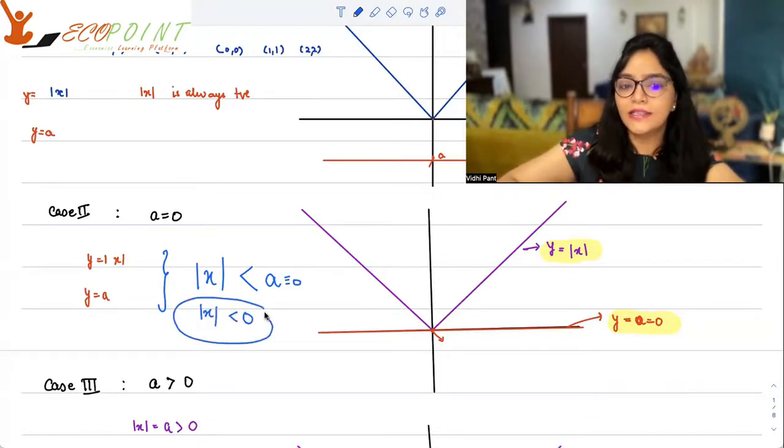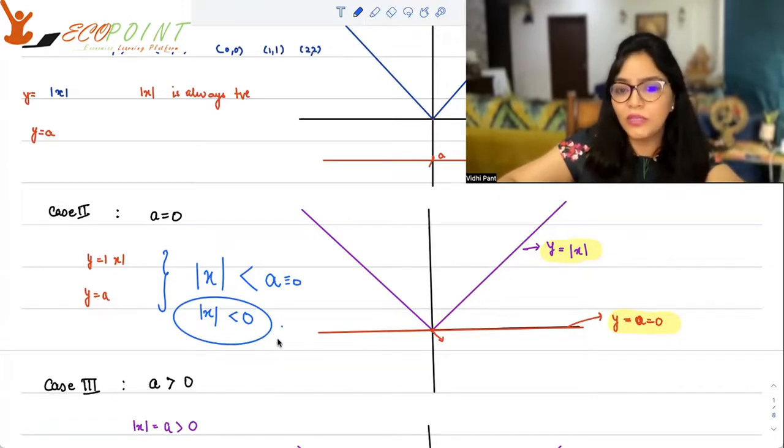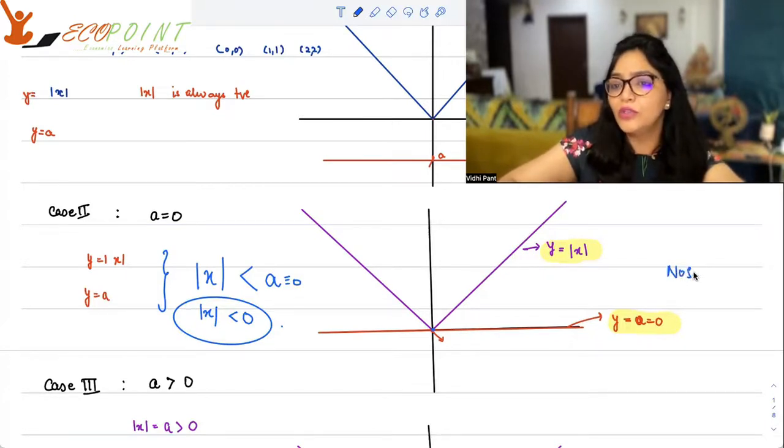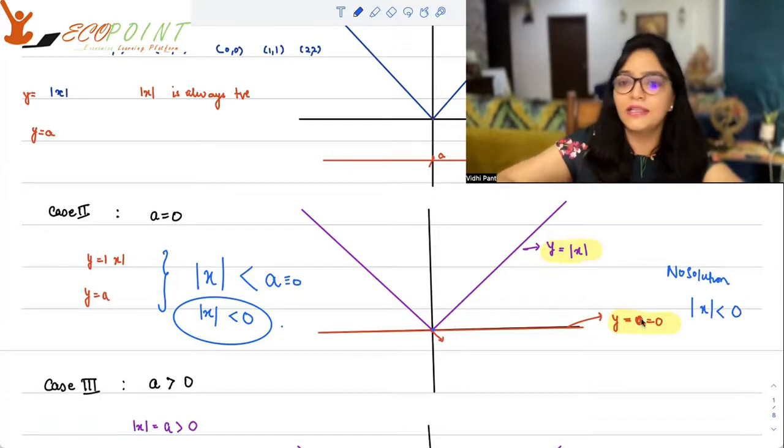Mod x lesser than 0 happens in no situation whatsoever. Absolute value of x is always positive, so it can never be strictly less than 0. It could be equal to 0 only at one point, but never strictly less than 0. So here we have no solution to the problem that mod x is strictly less than 0.